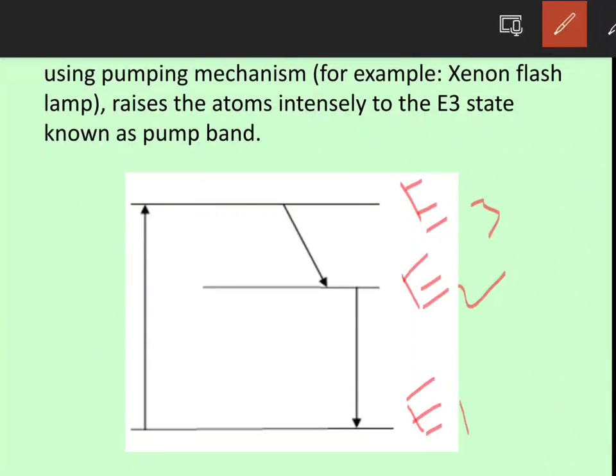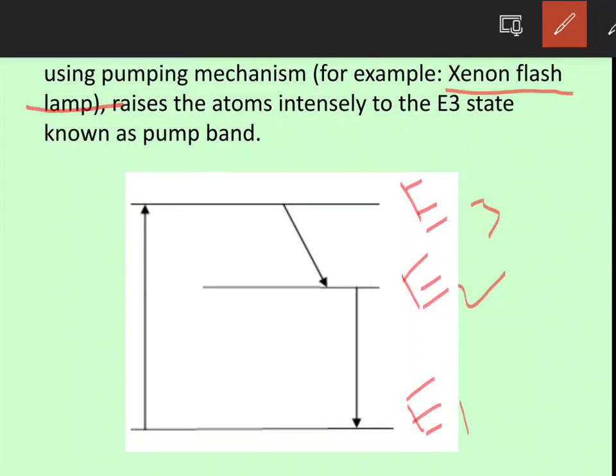In the 3 level pumping scheme, the pumping method is optical pumping, using a xenon flash lamp.